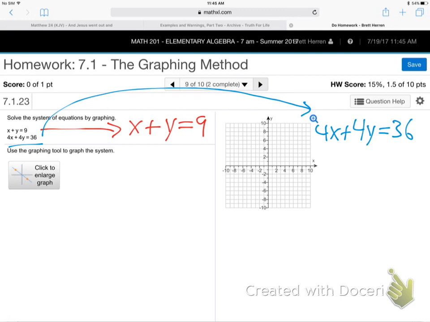All right, try those two. Get y alone, right? That's always the first thing for graphing. Get y alone there.